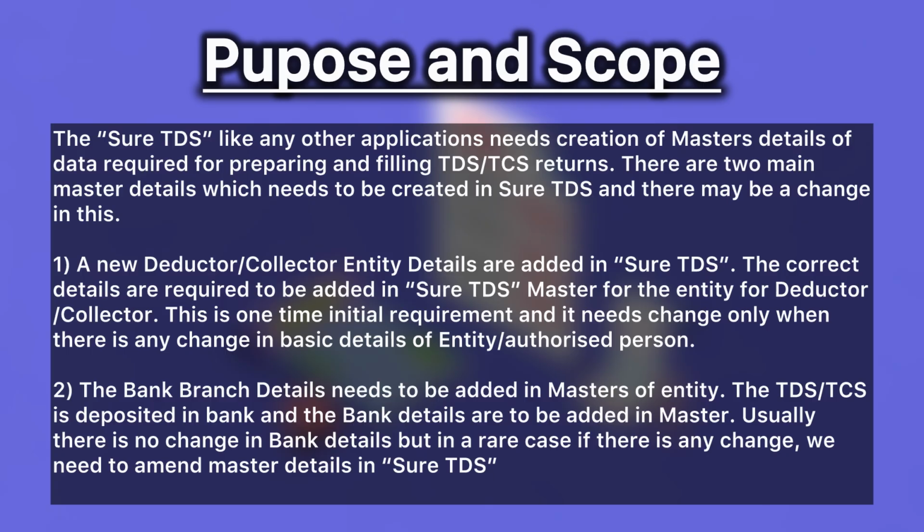As a first step, let's discuss how we can create master in Sure TDS, to create the entity details and the bank details. Before we move on to the process of creating the master, let's first discuss the requirements, the information or documents you should have handy before you start this step.